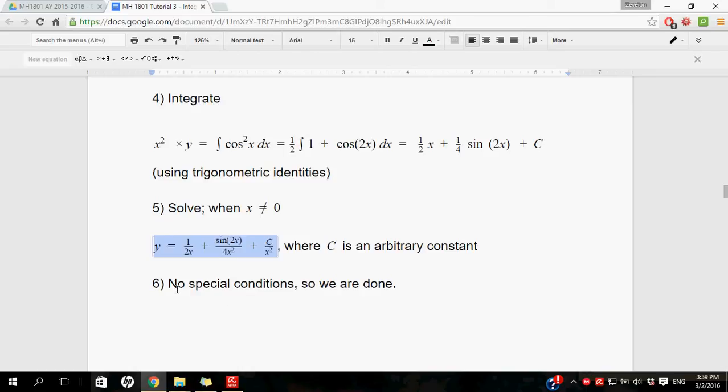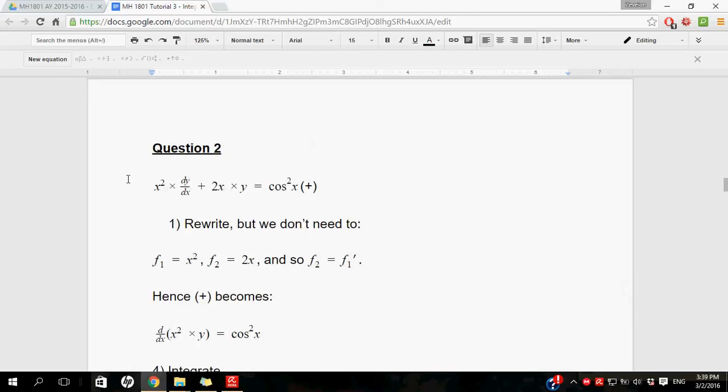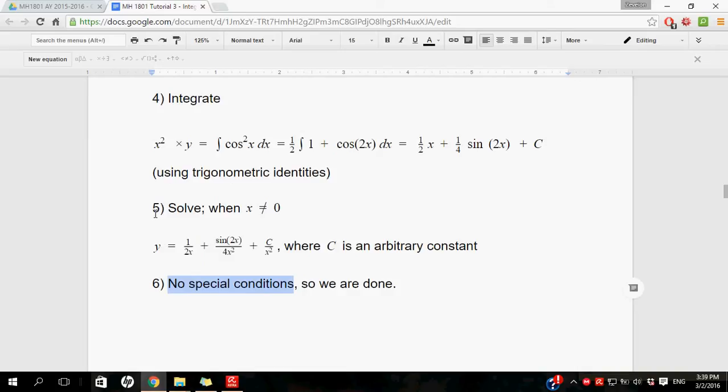We don't have any special conditions because our differential equation was already in the correct form. We don't need to impose any new conditions. All we must assume for our solution to make sense is that x should never be 0.